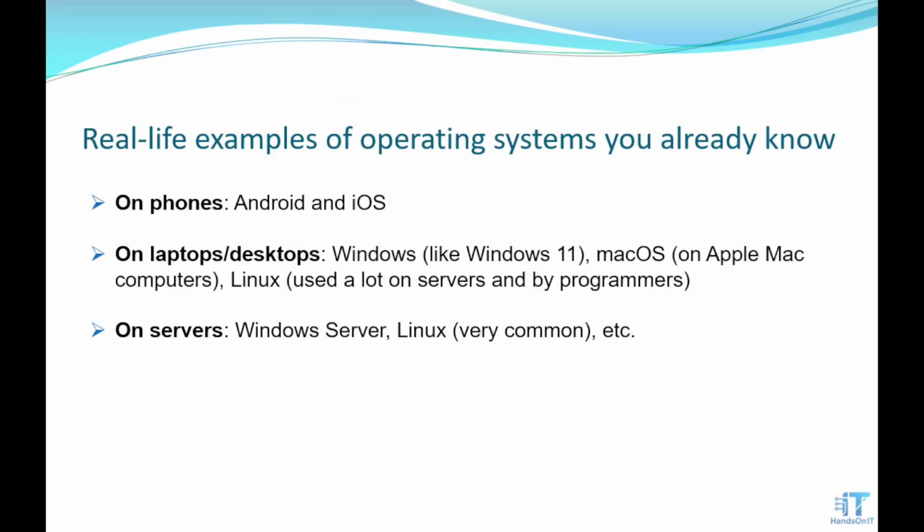If you look at real-time examples of operating systems, maybe you already know them. On laptops you can see Windows 11, Mac, and Linux. On servers you can also see the Windows Server operating system and the Linux server operating system on any physical servers.